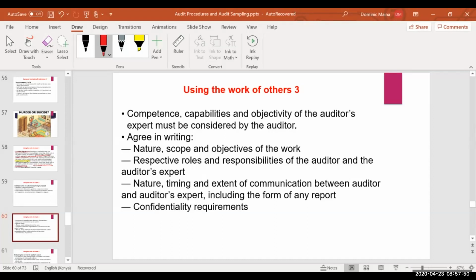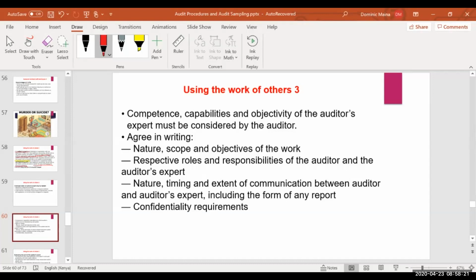Also agree on the respective roles and responsibilities of the auditor and the audit expert. Of course, also discuss the nature, timing, and extent of communication between yourself as auditor and them. So if I am going to hire you as my lawyer to give my opinion on this matter, then I need the work to be completed, for example, by the 1st of March or the 1st of May, and this is how I expect you to communicate your opinion to me.